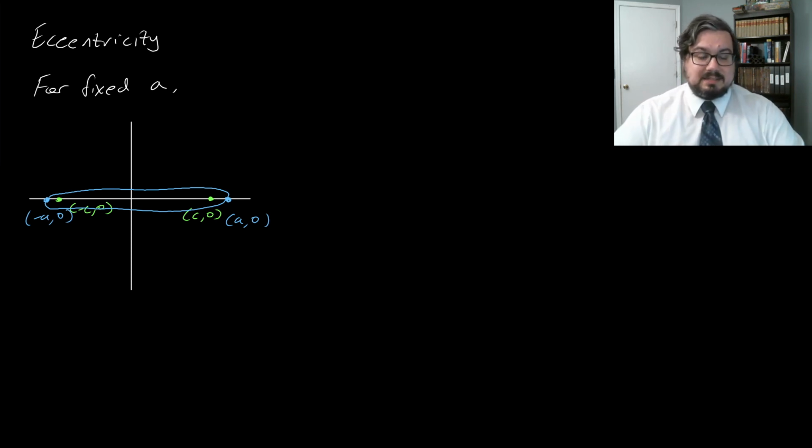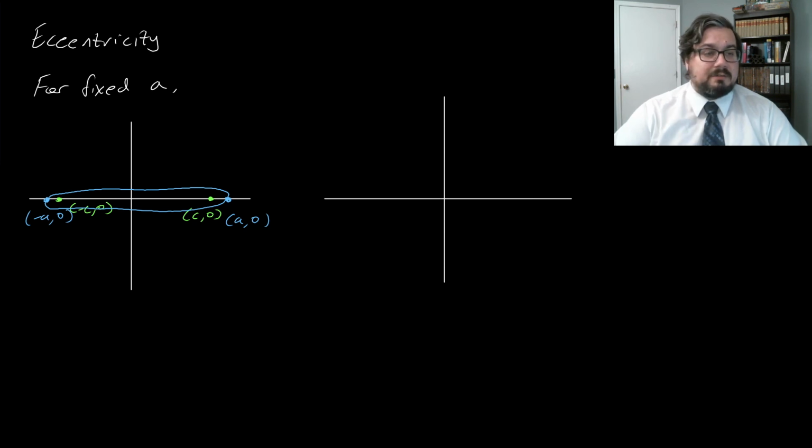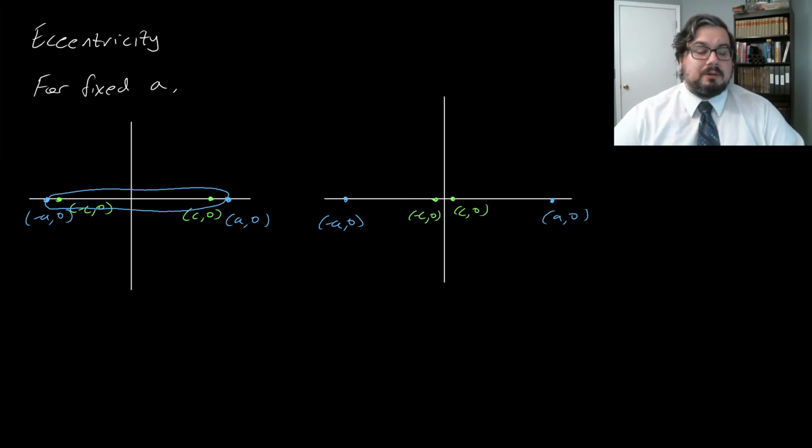On the other hand, if we take our foci very close to one another, close to the center, like this, then our ellipse will be much closer to a circle, in fact.